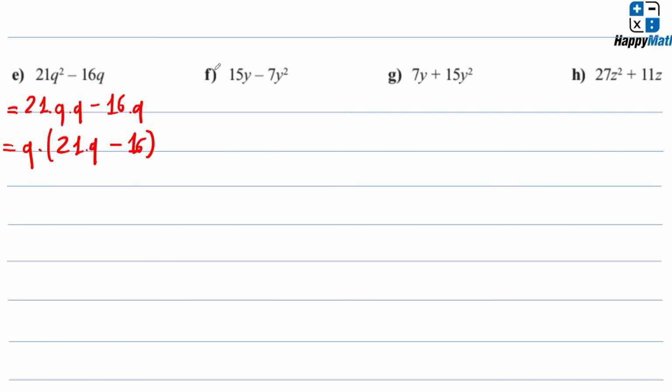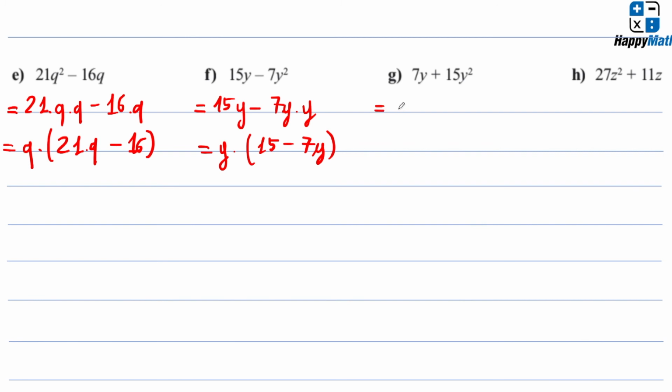Okay, how about this one? 15 and 7. 15 and 7, I can imagine in my mind. 15 is 3 and 5. There's no common factor with 7, so I don't want to factorize in this. I just write out 15y and 7y squared like this. Take y outside and you got 15 minus 7y.